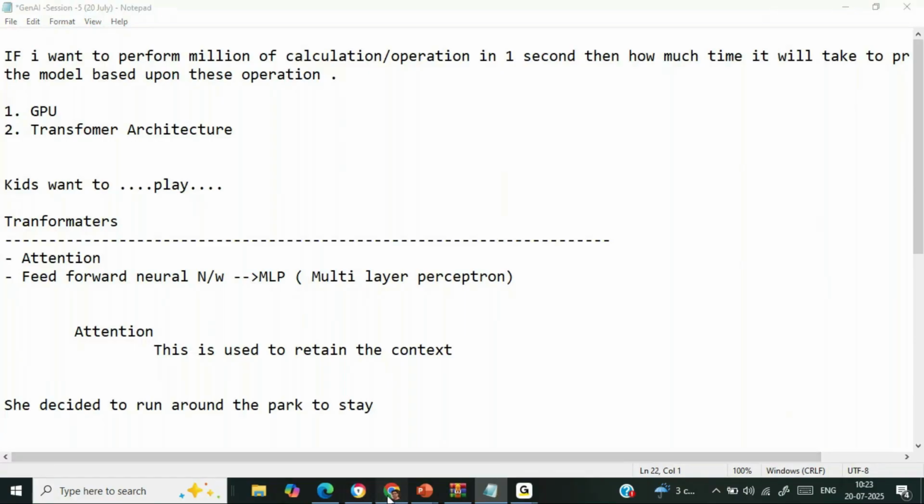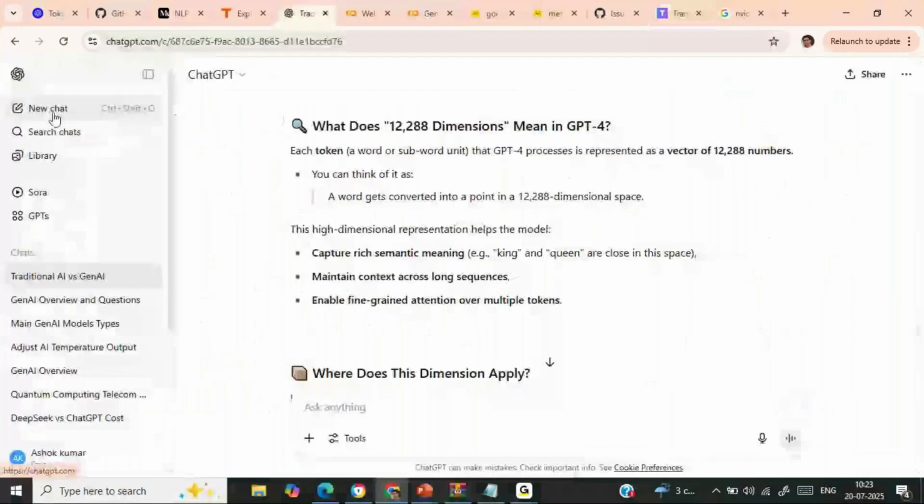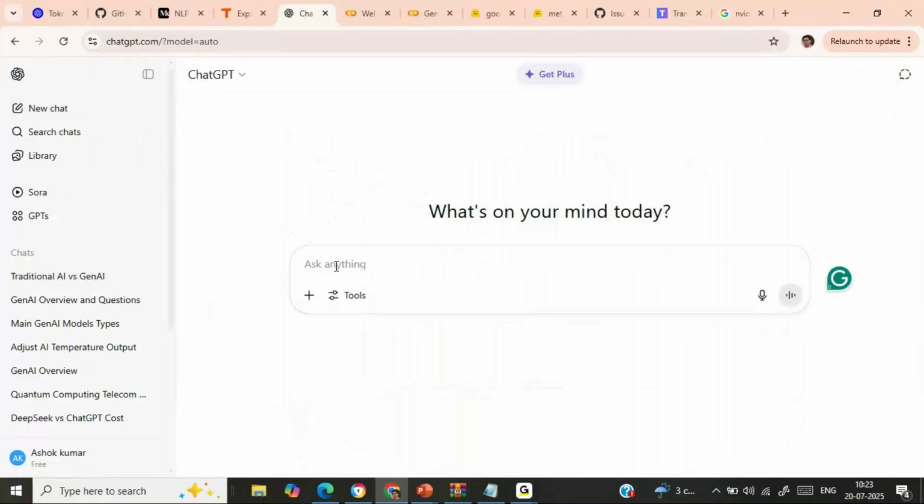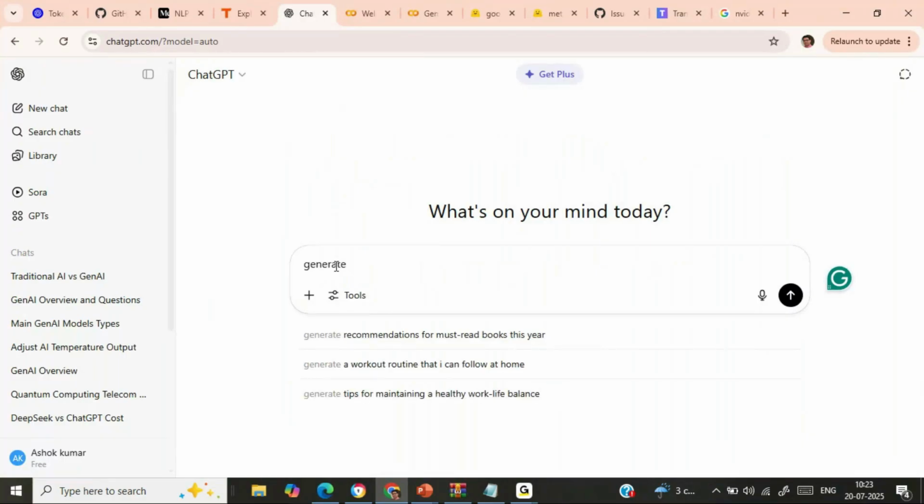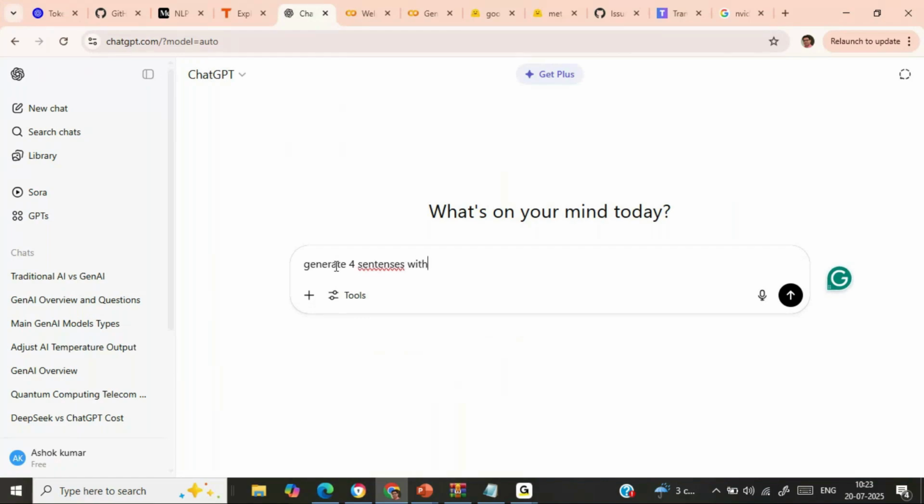I don't want to do it by myself. So generate four sentences by using run, which have different context.